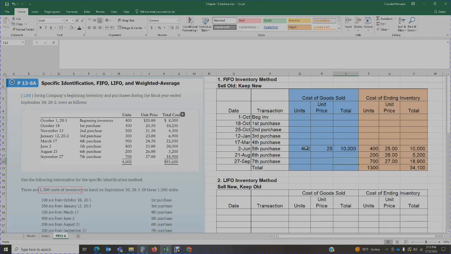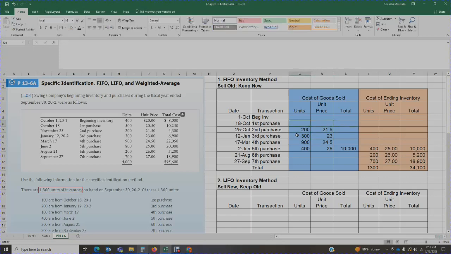So from this point forward, I can go ahead and just copy and paste the information. $24.50, and then I've got 900, and then I've got 300 at $23, and then I've got 200 at $21.50.